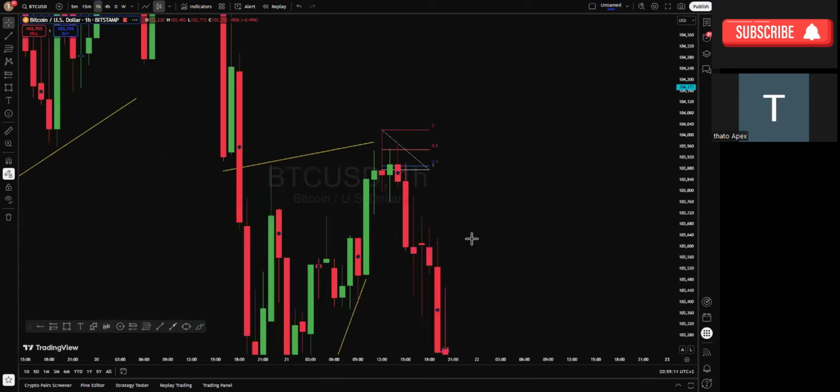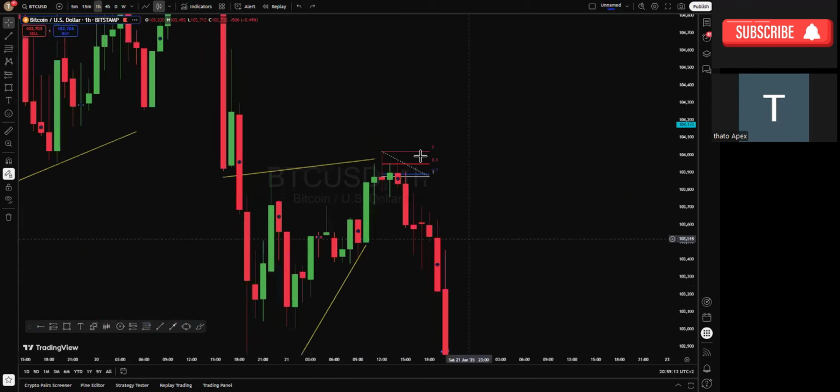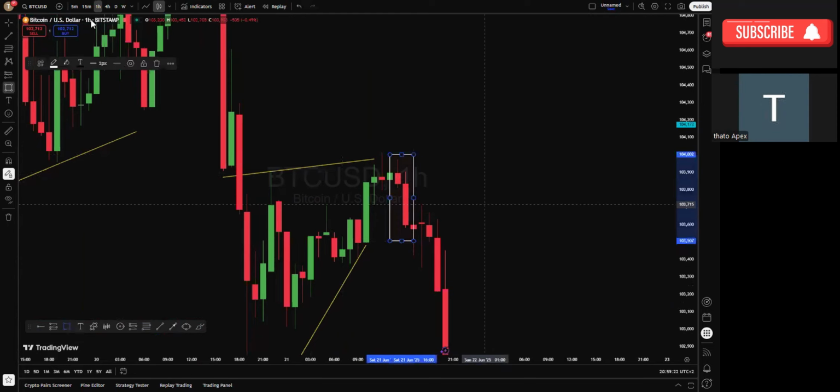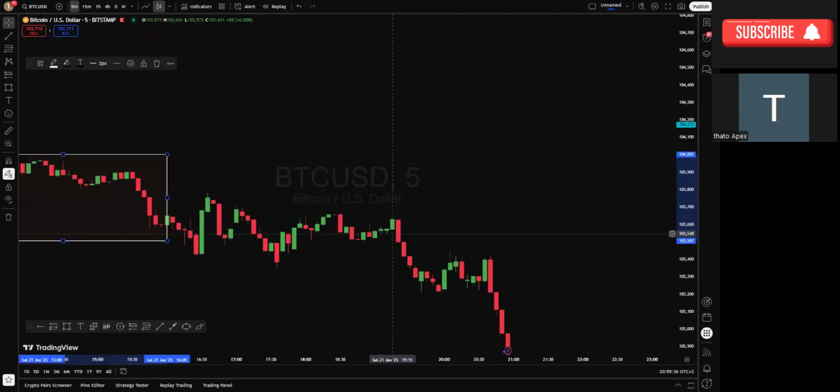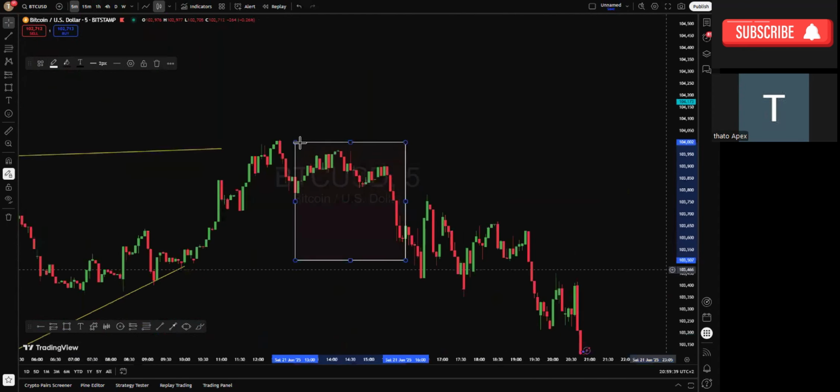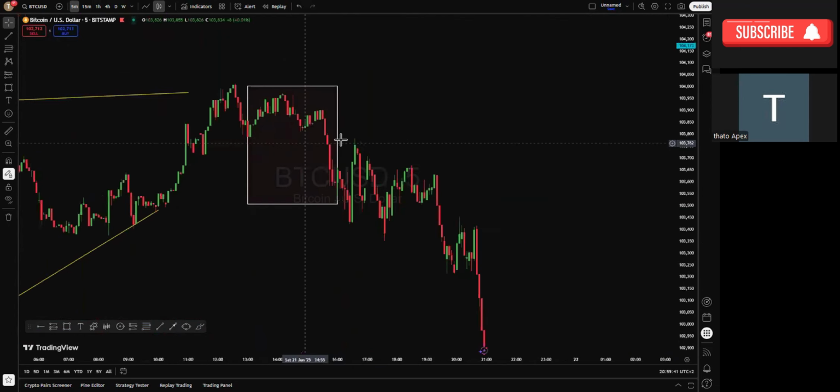Okay. So as you can see, after seeing those 2 to 3 candlesticks on the impulse, which is this one right here, I just went straight to the 5-minute time frame. Because obviously you need to wait for the momentum to kick in.